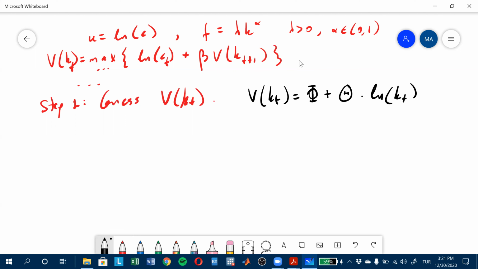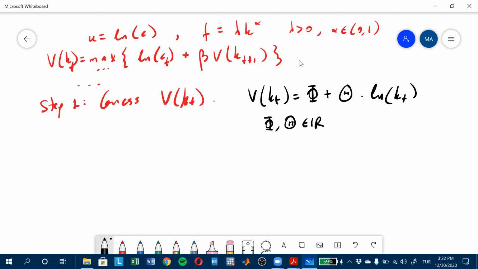Now here, these phi and theta are coefficients that are unknown. They are undetermined. So this method is called the method of undetermined coefficients. At the end, we want to confirm whether these are actually real numbers and fixed and satisfy this V(K_t).